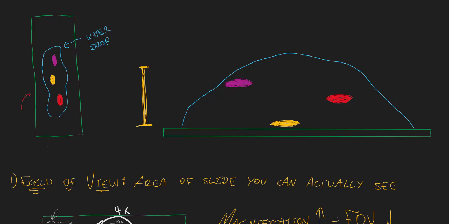Okay? So at low magnification, here's what we might be seeing through our lens. Everything will be probably nice and crisp and in focus, but everything will also be very small.